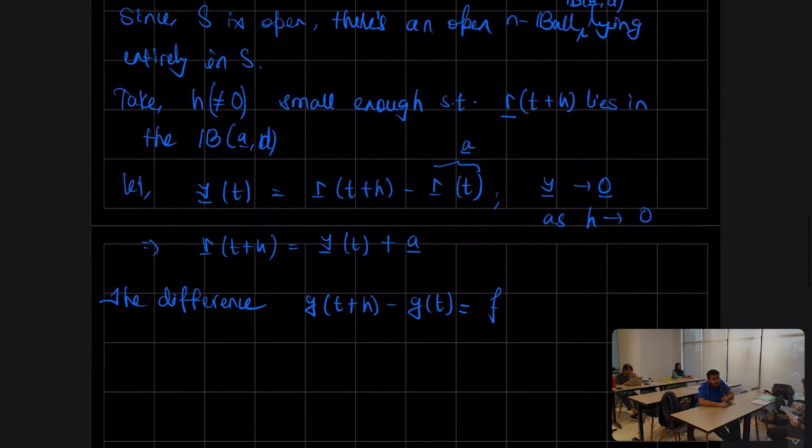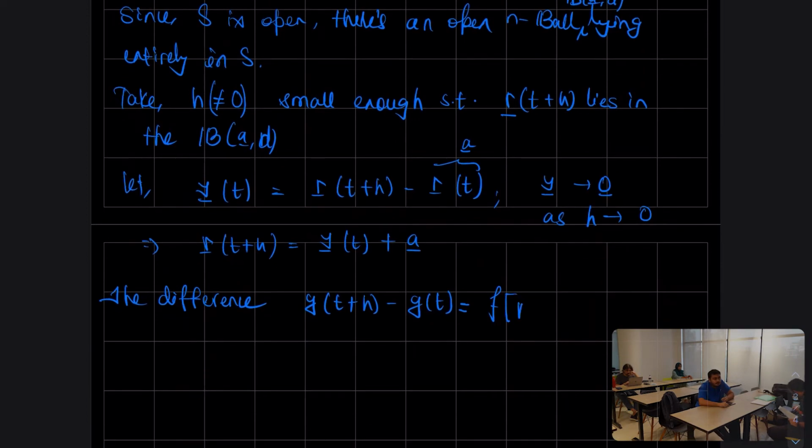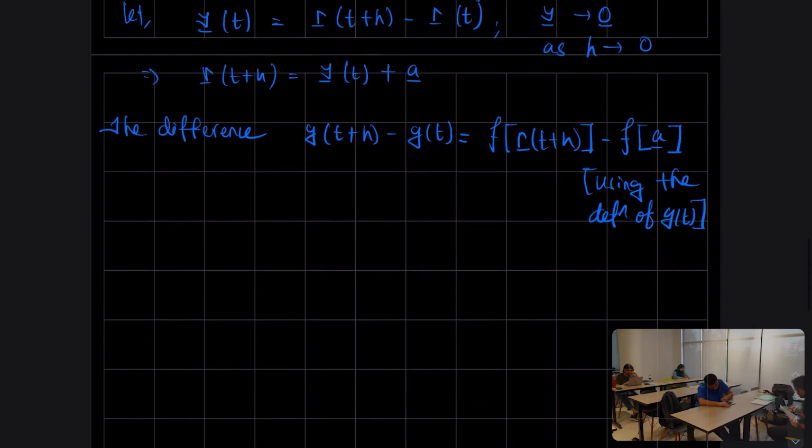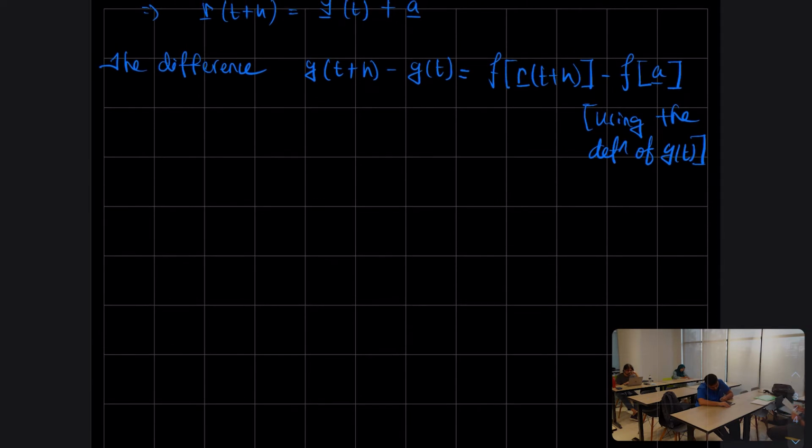So using the definition, we can write this. Here I have to be careful. So I can call it A, r of t, right? And using the definition of g of t, okay, so that's the difference.